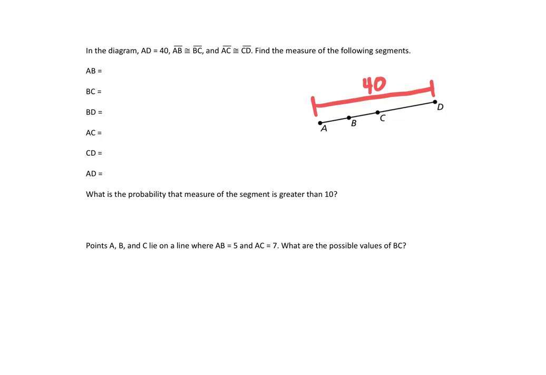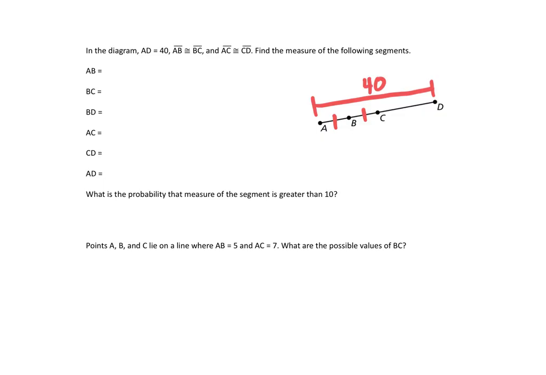Okay, what does this piece right here tell me? How would I read that? AB is congruent to BC, right? What's that tell me? If they're congruent, they're the same, okay? So here's what I can do. AB and BC are congruent. They are the same length. Those two pieces are congruent.